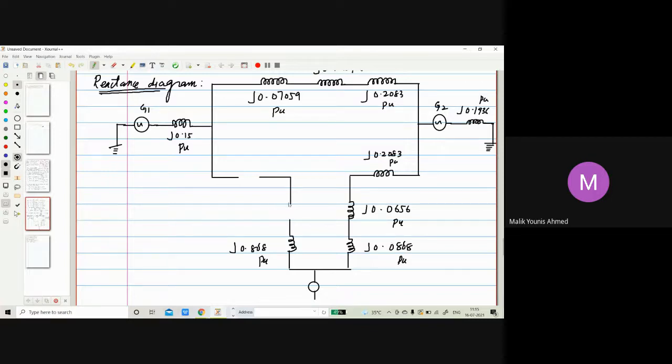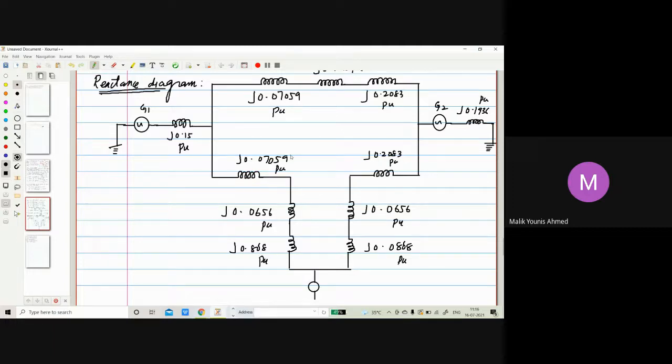Then for the transmission line, that will be J0.0656 per unit. And finally for transformer T1, that will be J0.07059 per unit.